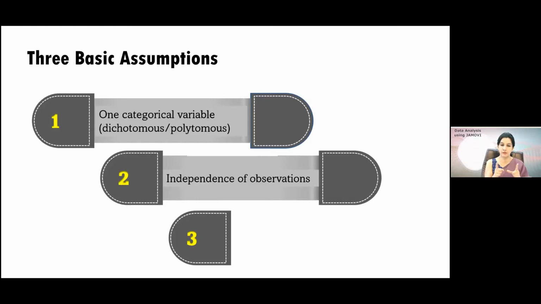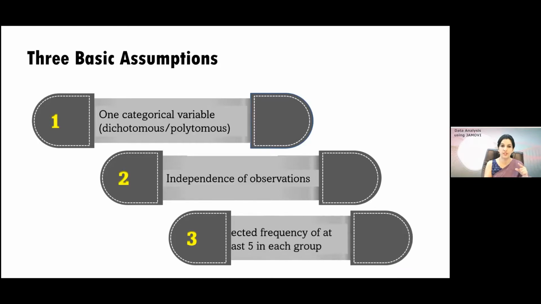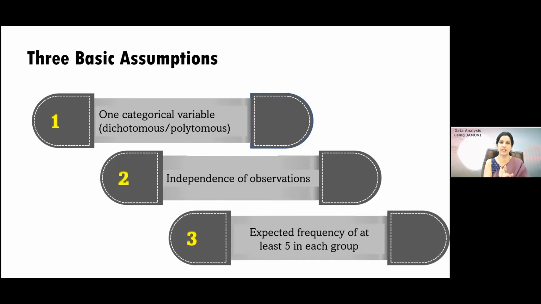So independence of observation means that the persons in the two groups should not be related in either way to each other. And the expected frequency of each cell, when you make a contingency table, should be at least 5 in each group.